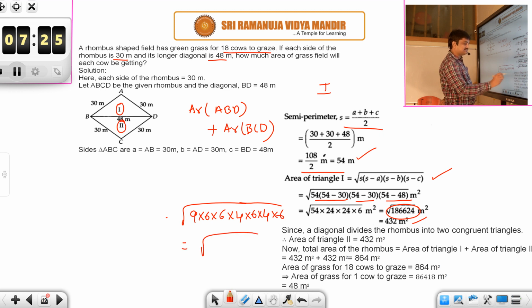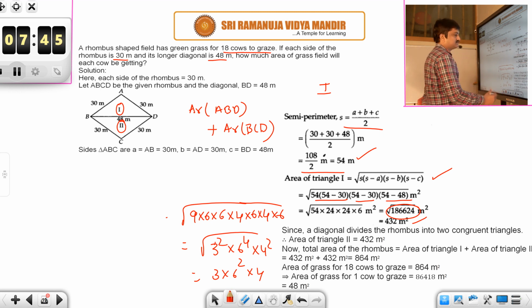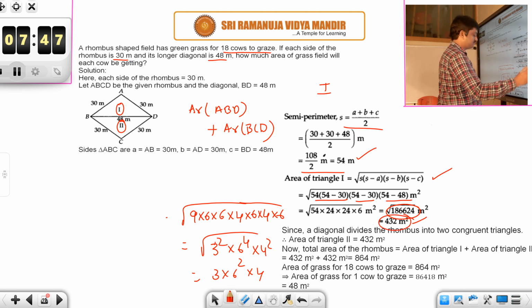So you could write this as 3 square, 6 power 4, into 4 square. Under the square root, power 2 will come out as once, power 4 will come out as 2 times, and power 2 will become 1. So 3 into 6 square into 4, that is 12 into 36. So you will get 432.